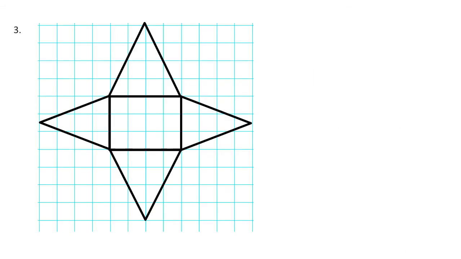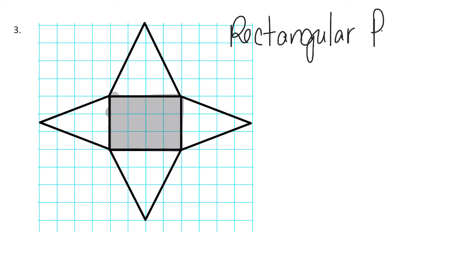Okay, on this one, I can see it's made up mostly of triangles, but its base is a rectangle. Unlike the one on the last page, it's a rectangle, not a square. So this is a rectangular pyramid.